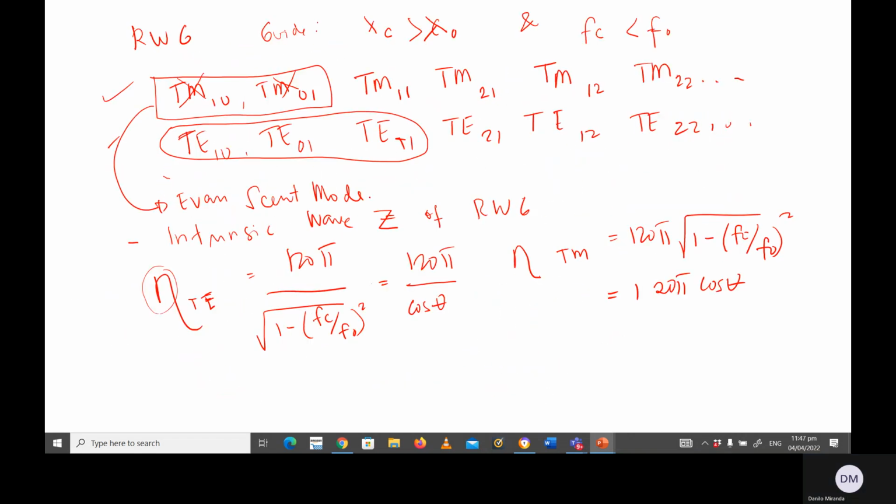What is now for a transverse magnetic? Ayan, dito natin makikita na yung TM10 and TM01 is not visible. Transverse magnetic, in which current is based from the current.